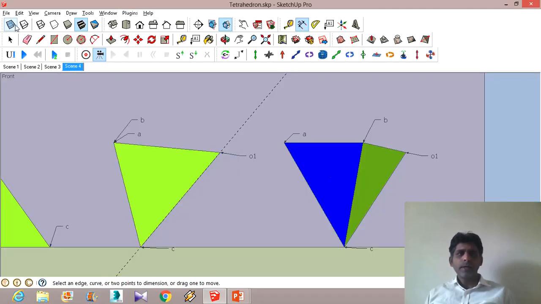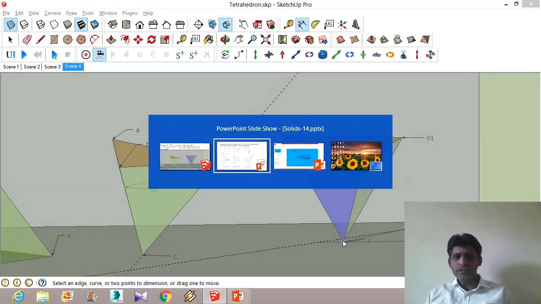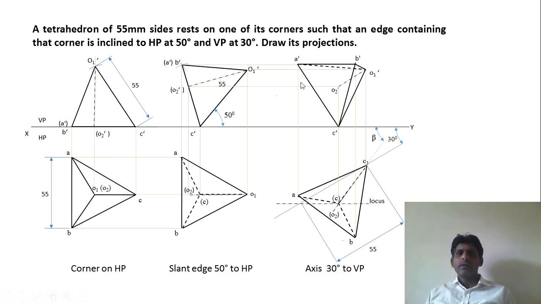Also, if I go back to visualization and switch on this, it will be much more clear. You can see that this is the point C. It is resting on one of its corners, such that the edge containing the corner is inclined to HP at 50 degrees, that is this particular view we have drawn, and to VP at 30 degrees, that is these two views.